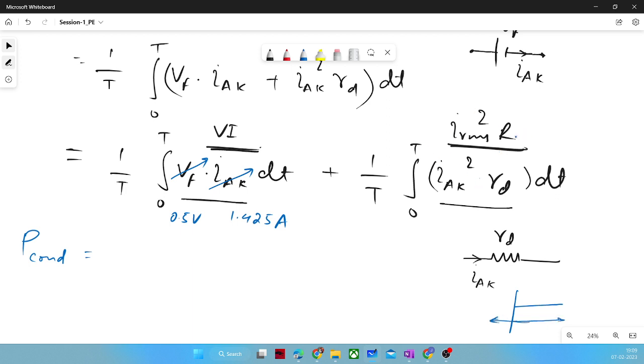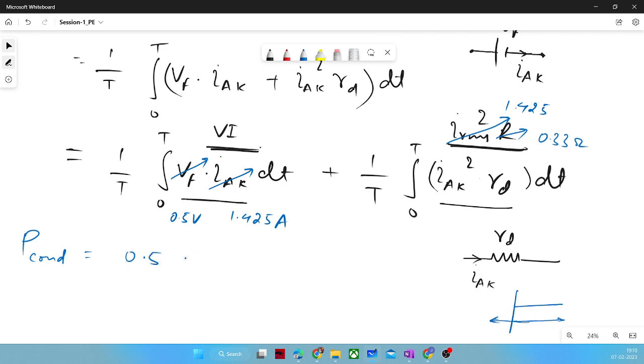So this is VI, this is IRMS square R. If you put IRMS equal to 1.425, and R is nothing but RD, and RD was 0.33 ohm. So we are clear with all the values. We just need to multiply with each other.